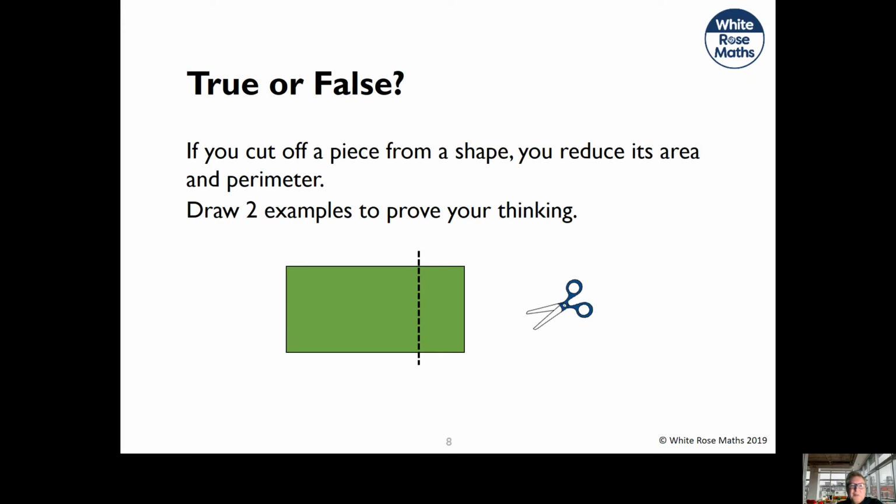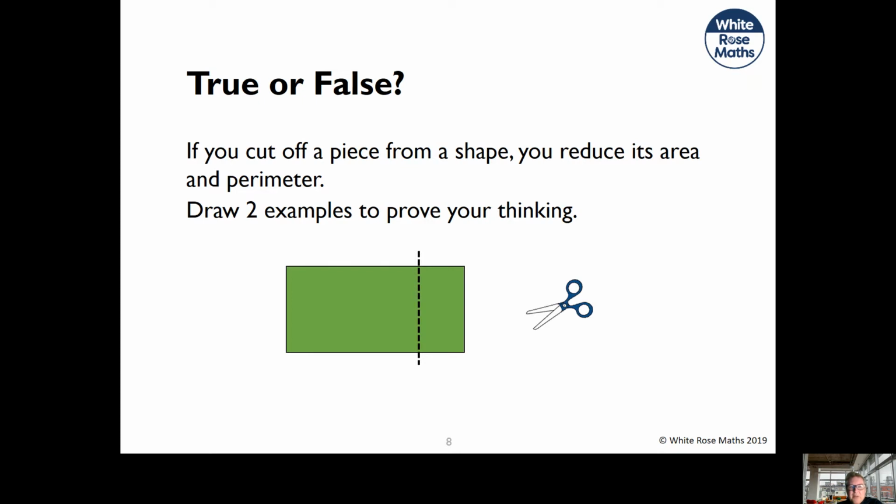Is this true or false? If you cut off a piece from a shape, like the green shape here, you reduce its area and its perimeter. Draw two examples to prove your thinking. So there we go. If you cut it, have you changed the area?